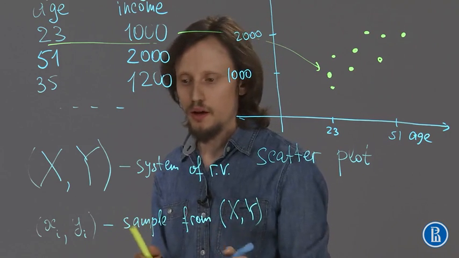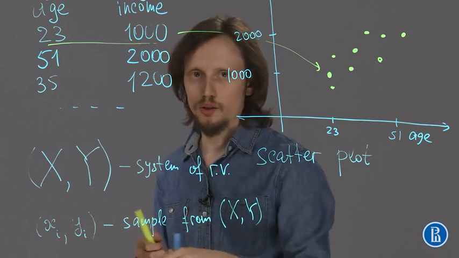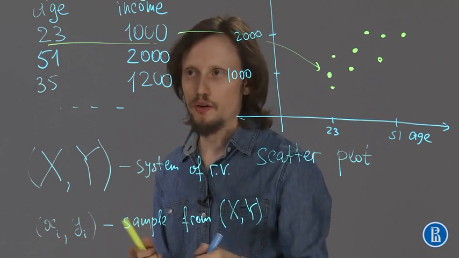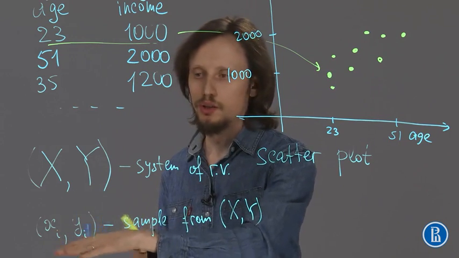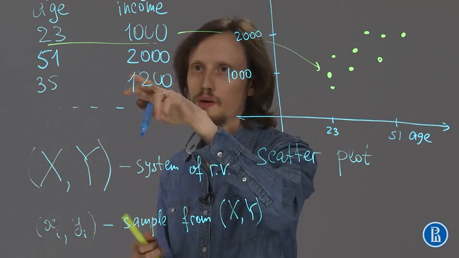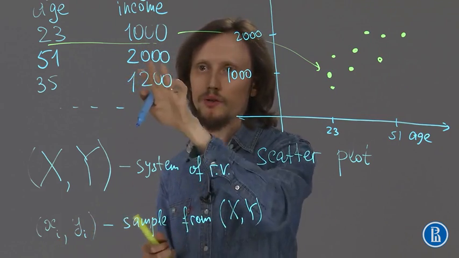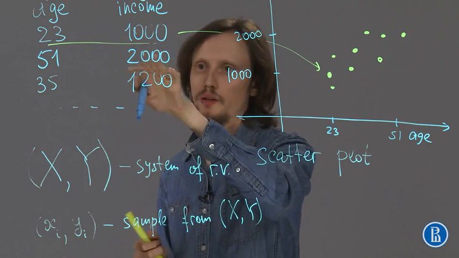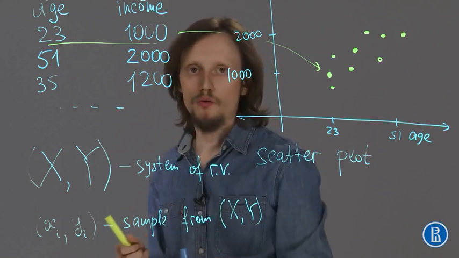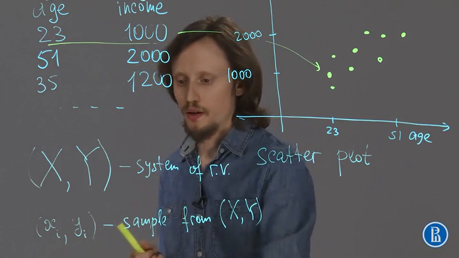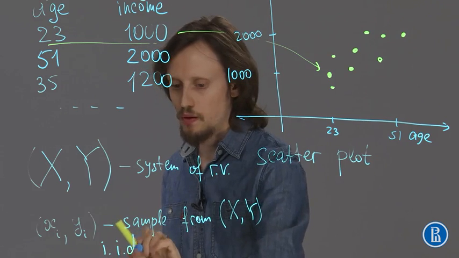And as usual, we assume that different points do not depend on each other. So this is an independent and identically distributed sample. It means, for example, that the income of the second person does not depend on the income of the first person, and the income of the second person does not depend on the age of the first person, and so on. So this is an IID sample.